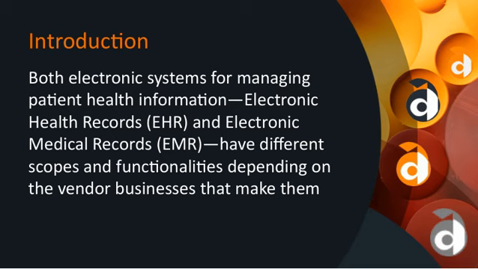Vendors may tailor these systems to specific needs, which impacts how the systems are used and what features they offer. Recognizing these distinctions is important because it helps us understand how these tools fit into the overall healthcare delivery process and how they can improve patient care. Throughout this presentation, we'll explore how these systems operate and their roles in enhancing healthcare management.